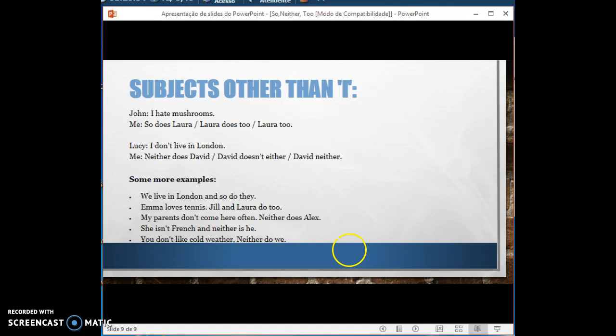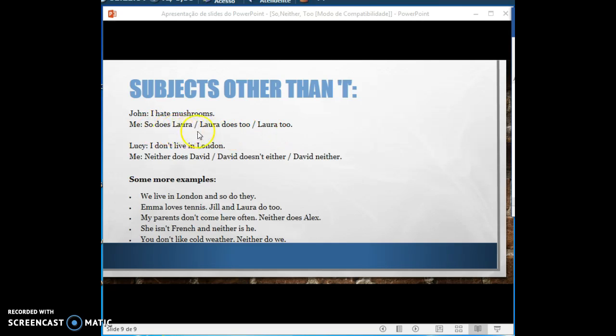Subjects other than I. Of course, we can also use these expressions to talk about other people, not just ourselves. We have John who says, "I hate mushrooms," and I can use one of the three forms of agreeing.